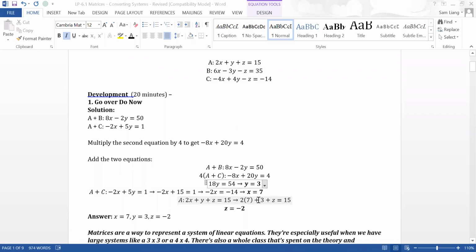So 14 plus 3 is 17, so 17 plus z is 15. I'll write that here. And then z equals negative 2. That's on the next line. So z equals negative 2, and at that point we have all three variables. x equals 7, y equals 3, z is negative 2.